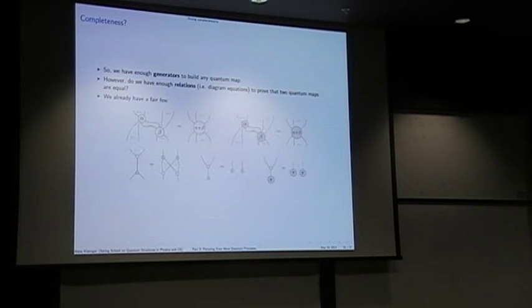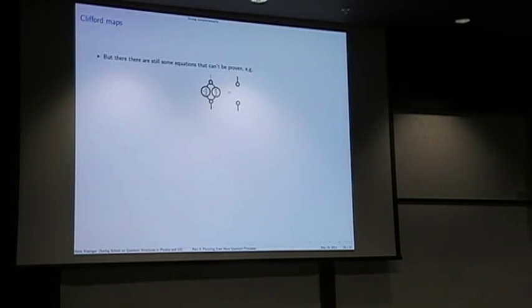But the question is, can we reason about those quantum maps once we have them? In other words, do we have enough relations, so equations between diagrams, to prove that two quantum maps are equal? So we already have a few. So you might start to be tempted to think that maybe we have enough. But there are things that we can't prove yet.